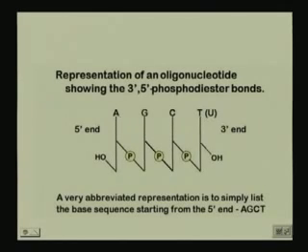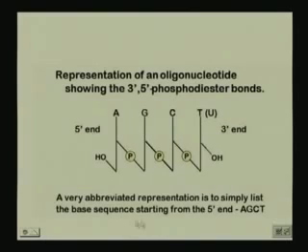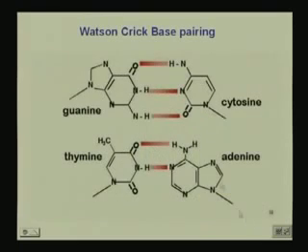The same goes for nucleic acids. You know that they are all linked by 3 prime 5 prime phosphodiester bonds, so there is no need to write the sugar or the phosphate. So, all you essentially do is simply list what is called the base sequence, just like you would list an amino acid sequence.